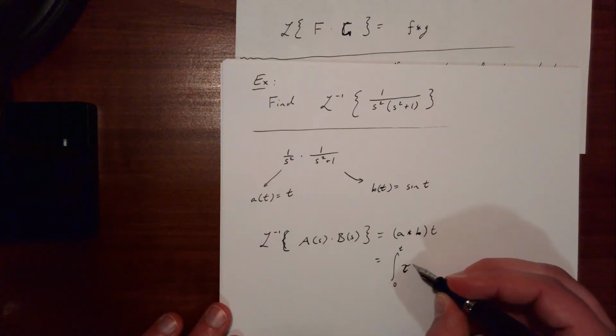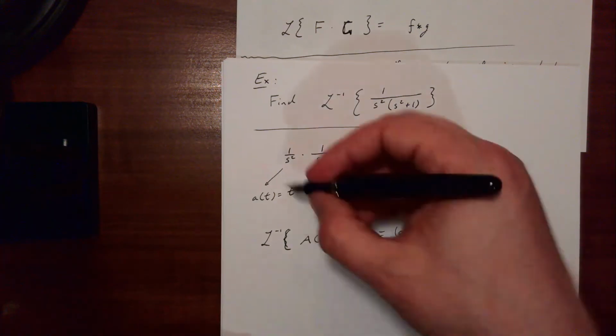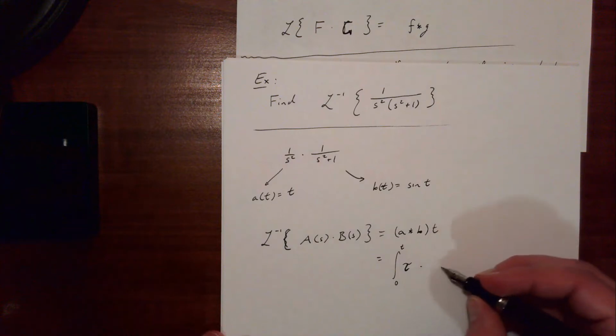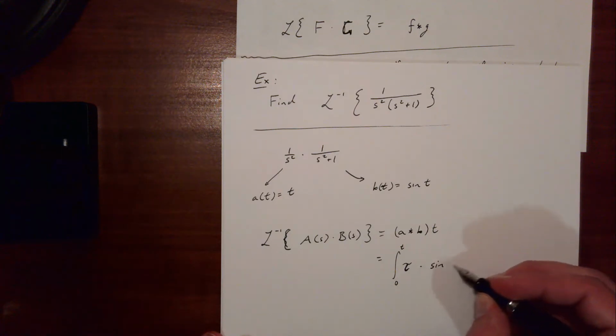This is going to be just tau, which is just the identity function here. And then b of t is going to equal t minus tau, but inside the sine.